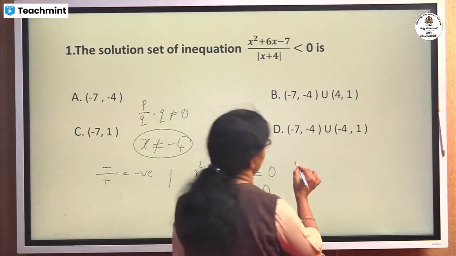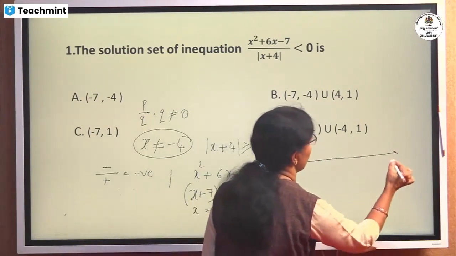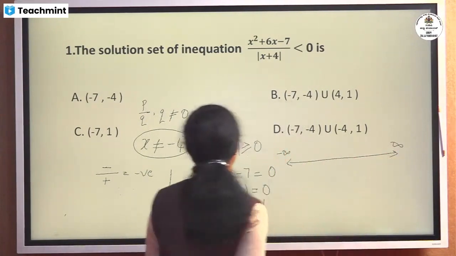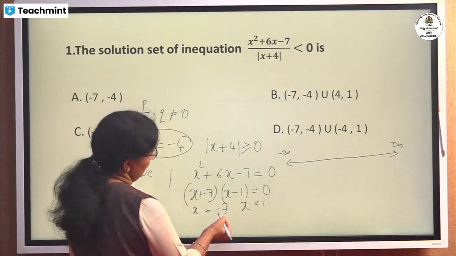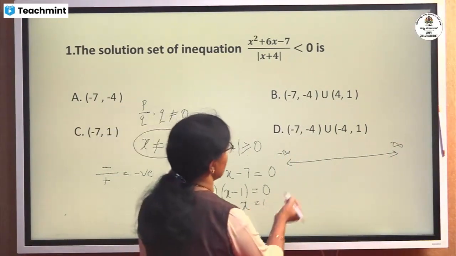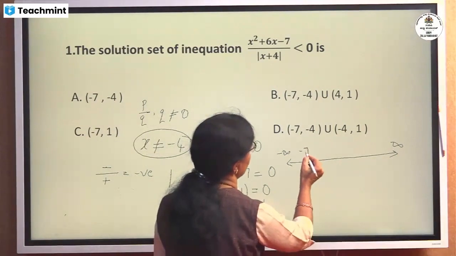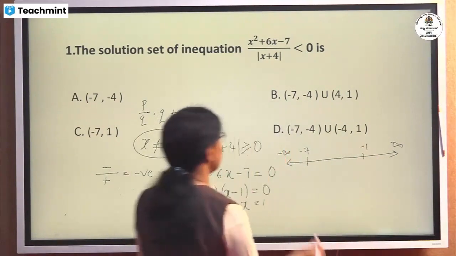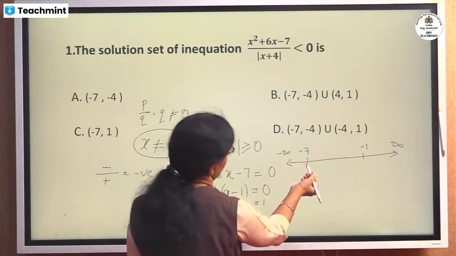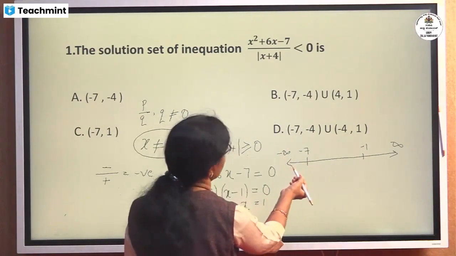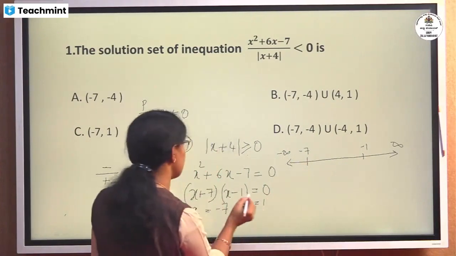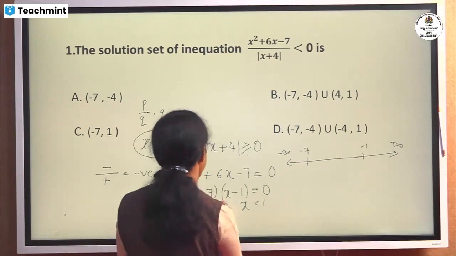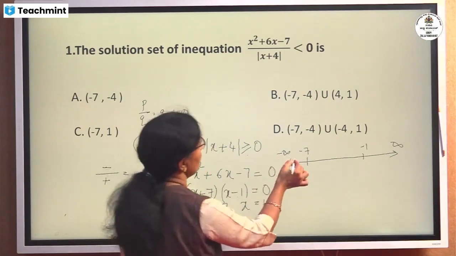Always to decide the interval, you have to take the help of the number line, minus infinity to plus infinity. So here x may vary from -7 to +1. From -7 to minus infinity, this term is positive, negative into negative is positive, so we will exclude this.